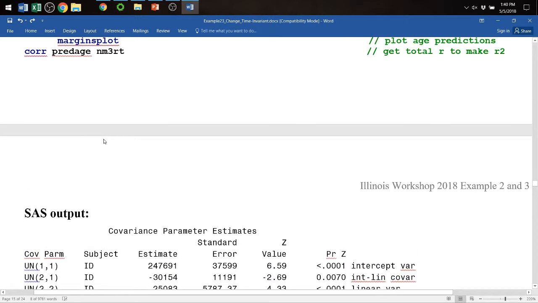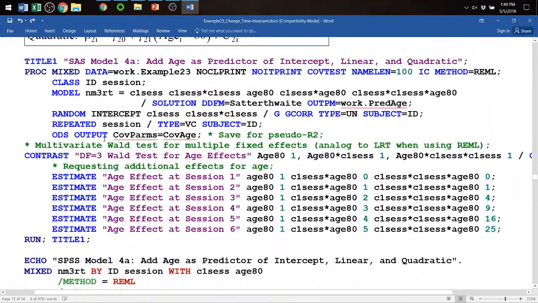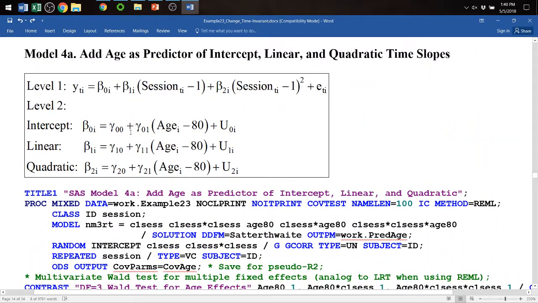Based on where that fixed effect is in my model, here's my equation. I'm interpreting this one right here, gamma 01. So which variance should that main effect of age have reduced? Yeah, you're pointing. Say it out loud. Yeah, that one. The one in its line. Age predicts the intercept.